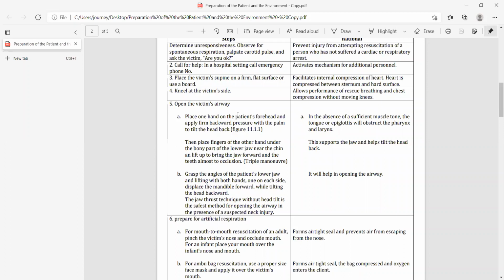We will place one hand on the patient's forehead and apply firm backward pressure with the palm to tilt the head back. Firmly you will apply backward pressure, and then with your palm you will tilt the head backward. This is how you need to do it.